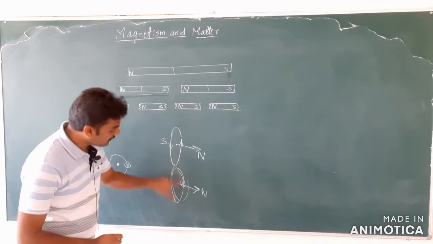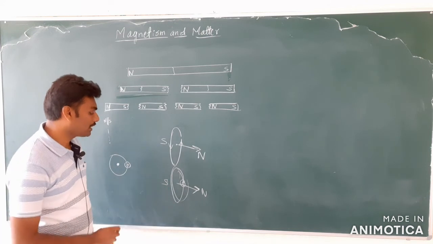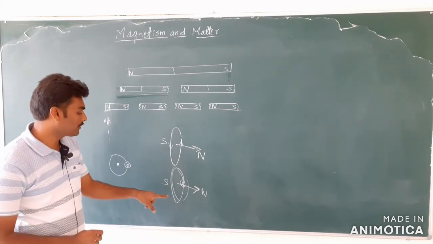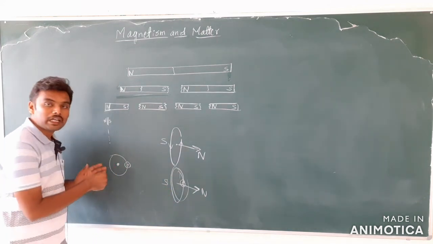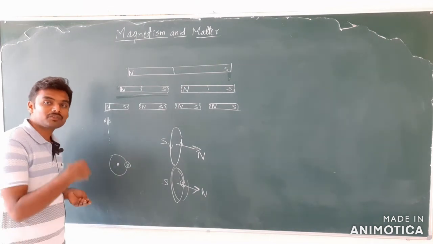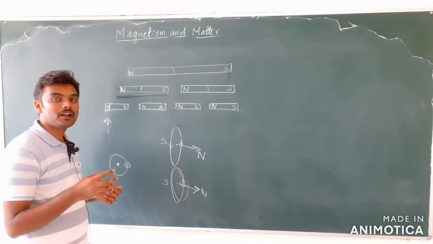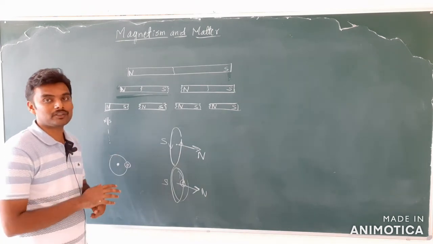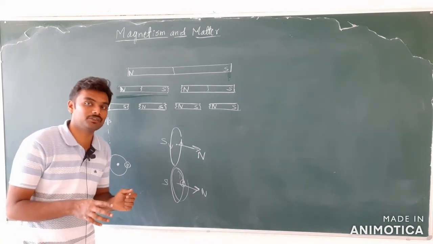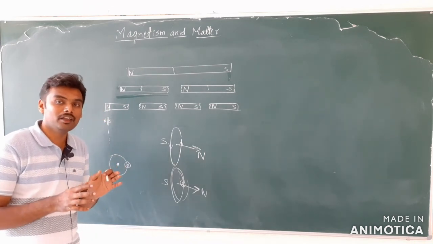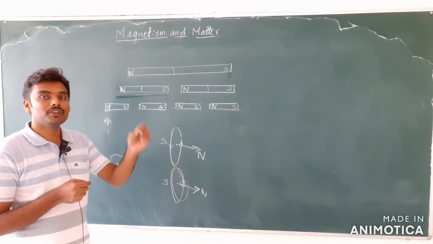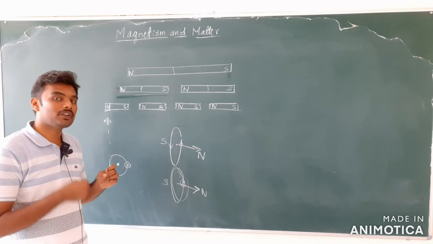So since an electron can have both north and south pole when it revolves, here we have unpaired electrons. When we have unpaired, one of the electron will be not paired, and hence you will have a net magnetic field present. When we have all the electrons paired, then if one of the electron is moving clockwise, the other will be moving anti-clockwise.